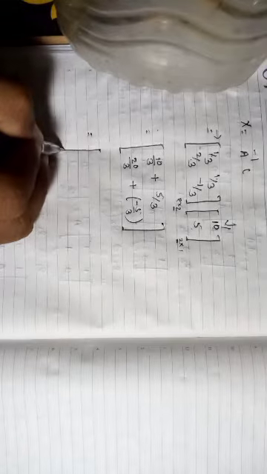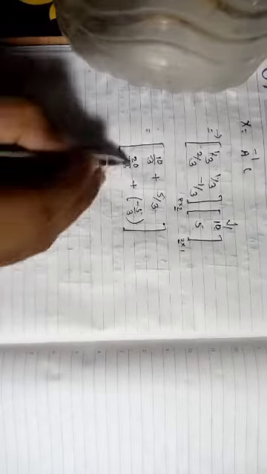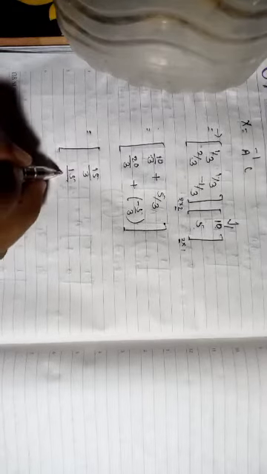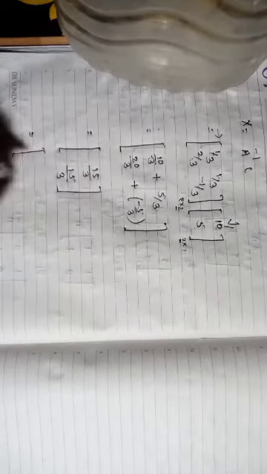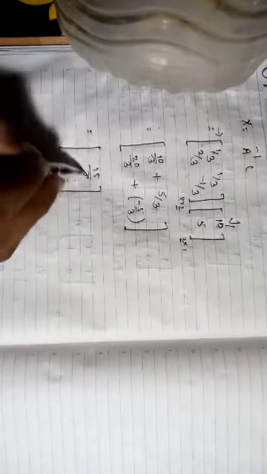Now we solve this. The denominator is the same, so I can club them: this will become 15 by 3, and this will again become 15 by 3. 3 fives are 15, so you can cancel to get 5 and 5.